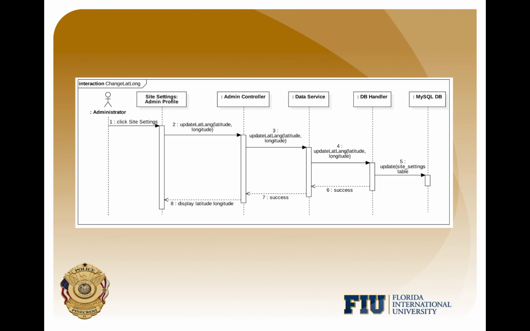He or she can insert the desired latitude and longitude, and the admin controller will send the request to the data service, which will communicate with the DB handler with the two parameters that it needs, and it will perform the necessary update in the database. At the end of the transaction, we'll see that the latitude and longitude will be displayed on the admin profile for the user to see the new data that they just input.